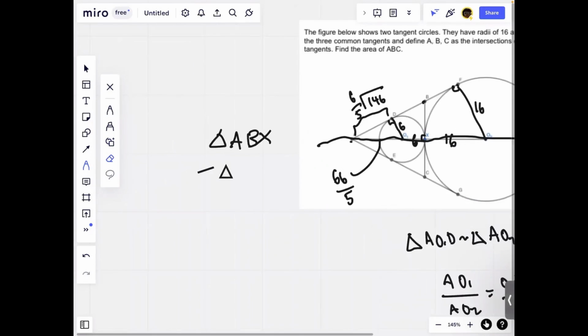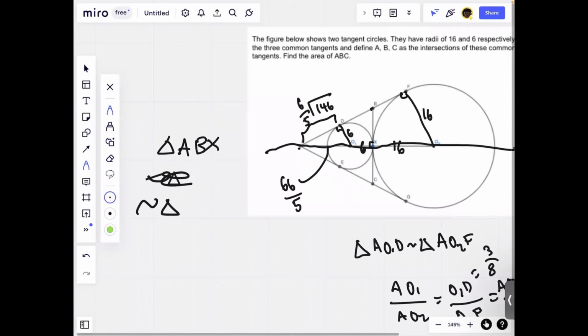Okay, anyways, ignoring that. This is similar to triangle AO1D, since AO1D and ABX share the angle A, and they both have the right angle.